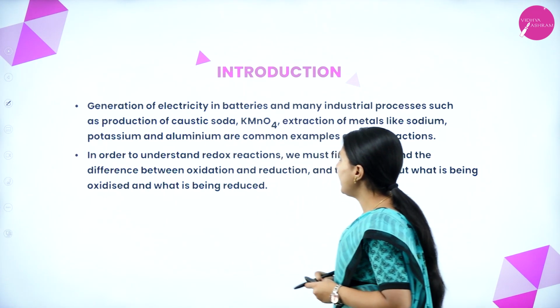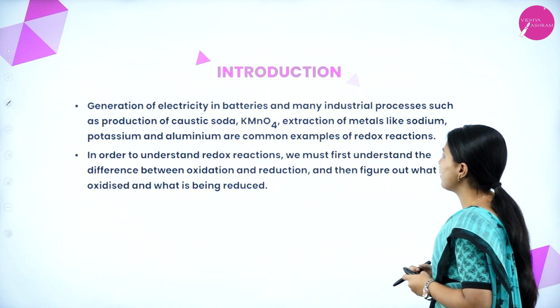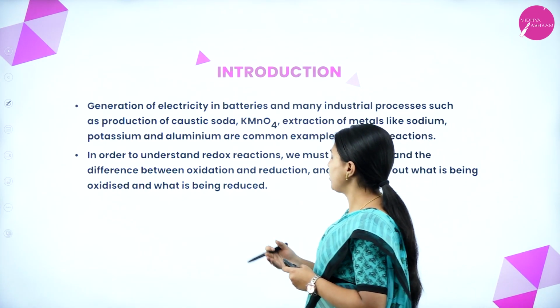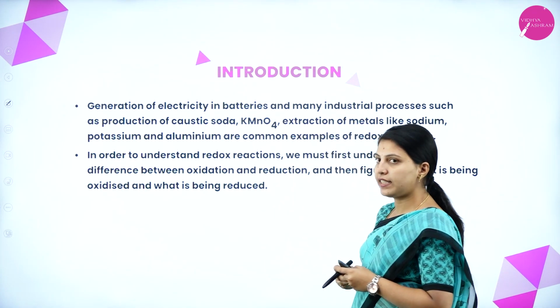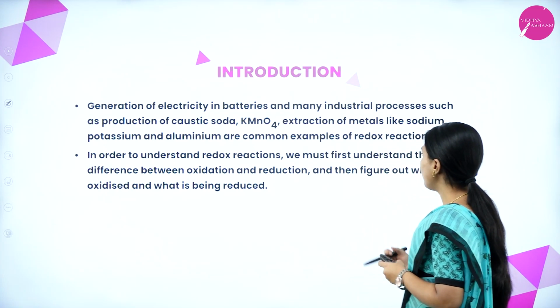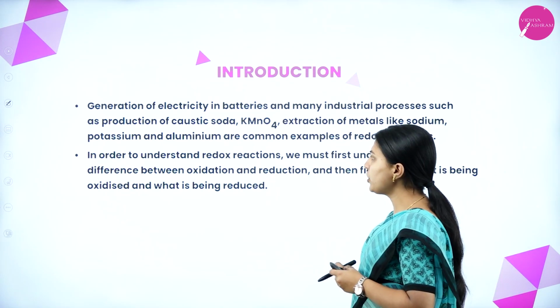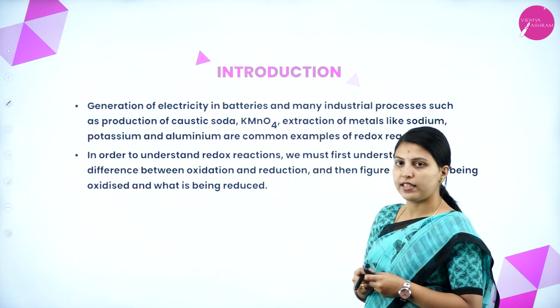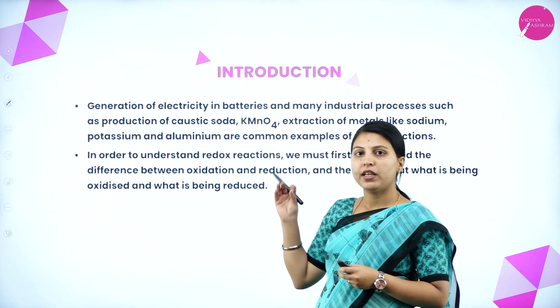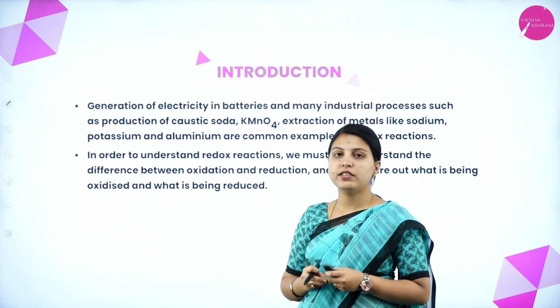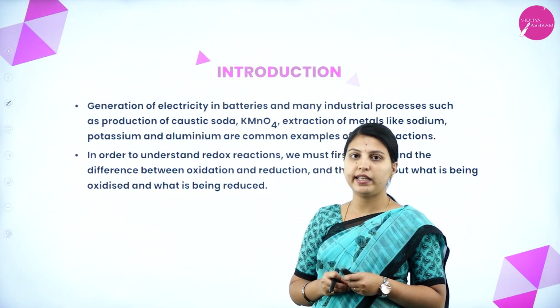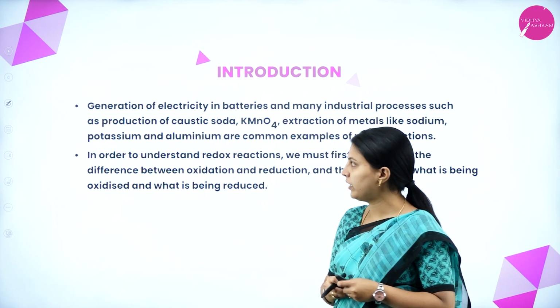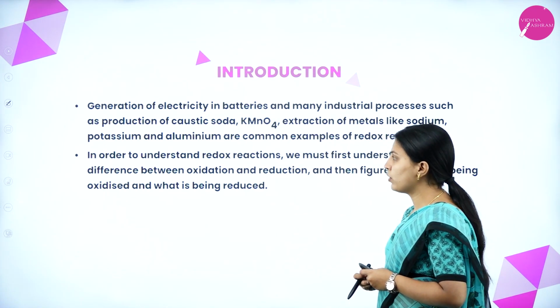Generation of electricity in batteries and many industrial processes such as production of caustic soda, potassium permanganate, that is KMnO4, and extraction of metals like sodium, potassium and aluminium are common examples of redox reactions. In the previous slide we said this reaction is very useful in energy changes like heat, electricity and light, and in many other examples also.